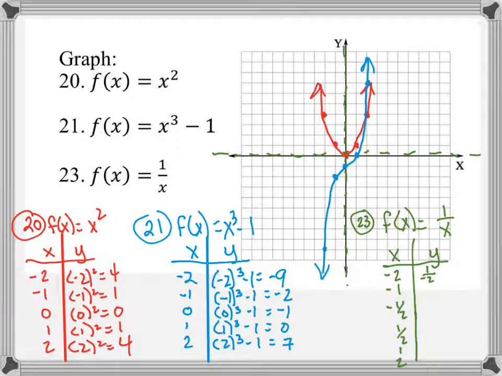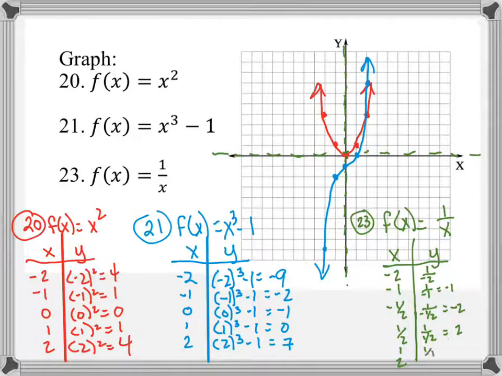So substituting in -2, I have 1 over -2, which is -1 half. -1 yields 1 over -1, which is -1. Substituting in -1 half, I have 1 over -1 half, which is equal to -2. Substituting in 1 half, I have 1 over 1 half, which is 2.